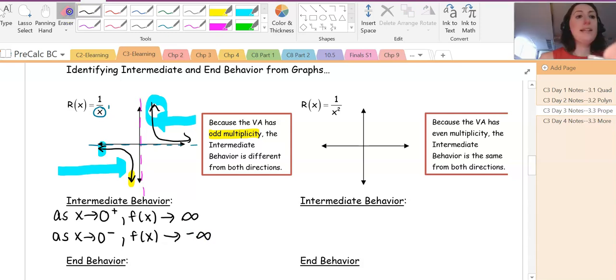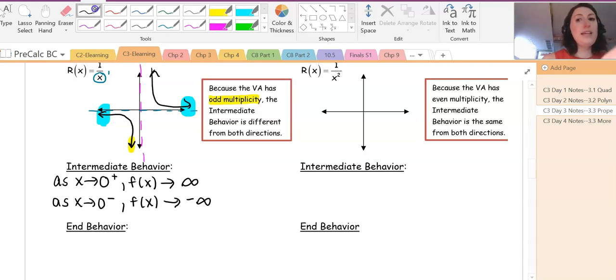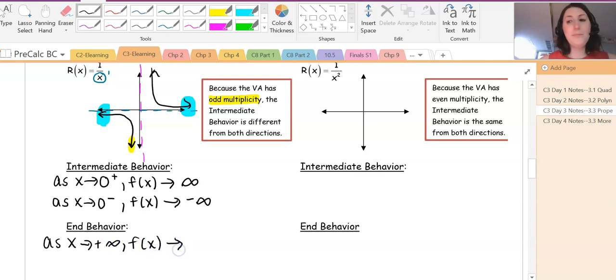All right, now the end behavior is talking about what's happening at the ends of your graph, all the way to the right and all the way to the left. This is what you did last year. As x approaches positive infinity, f of x approaches, and what your arrow is doing is it's kind of leveling out.